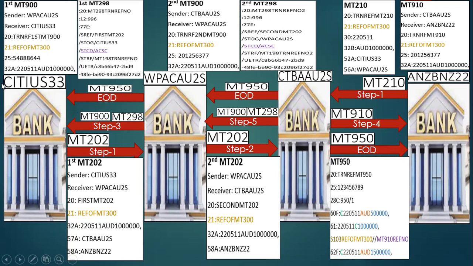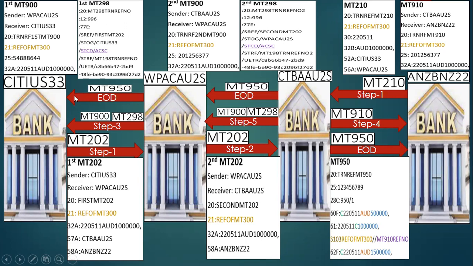Now City US Bank has done the deal, it has to transfer this Australian dollar to the Nostro account of ANZ Bank in Australia at the Commonwealth Bank of Australia. Citibank US doesn't have a direct account relationship with the Commonwealth Bank of Australia, and it doesn't have an Australian dollar currency account with them either.